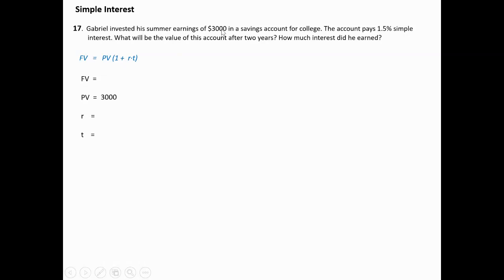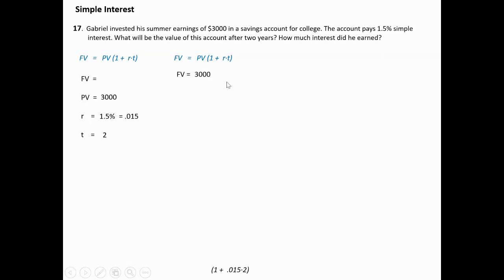This is what Gabriel invested, which was the present value. We're looking for the value of the account after 2 years, so we're looking for the future value. Now we're going to extract the 1.5% as the interest rate, which will be 0.015, and the time will be 2. So all we do is plug into the formula, right?